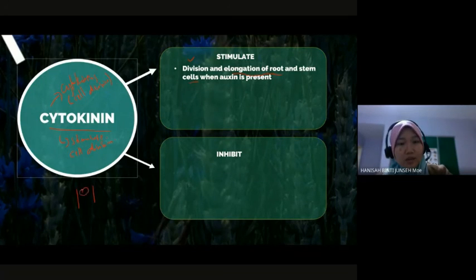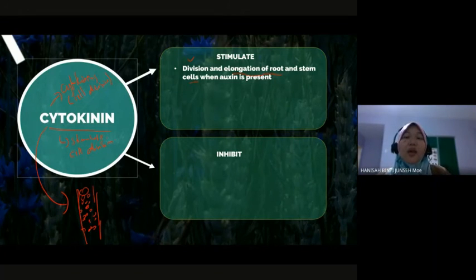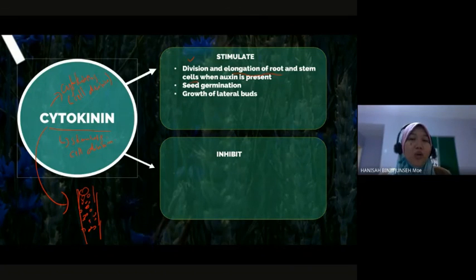So this is the parent cell, and then it keeps dividing, so it becomes longer. Divide, and longer. So that is the function of cytokinin. It helps to stimulate division. When it divides, it will elongate. That's the logical thing. And it also helps to stimulate seed germination. And this is the important one, growth of lateral buds.